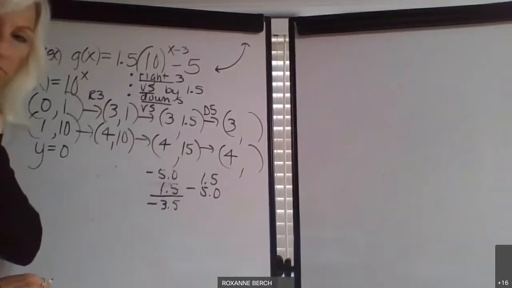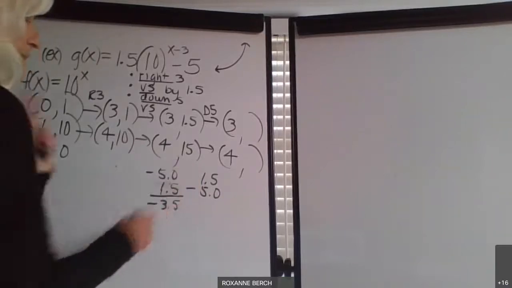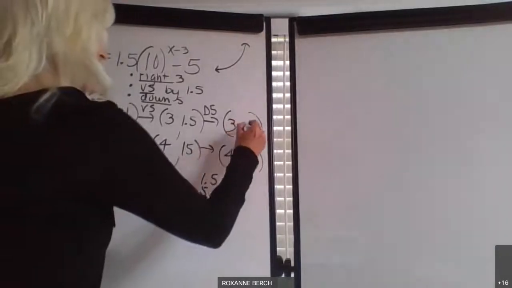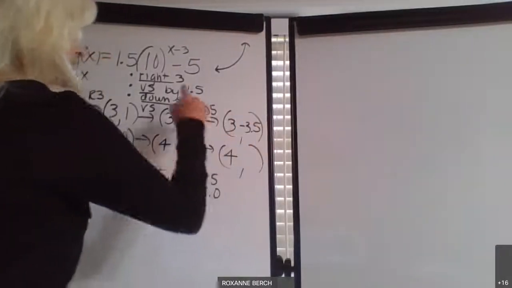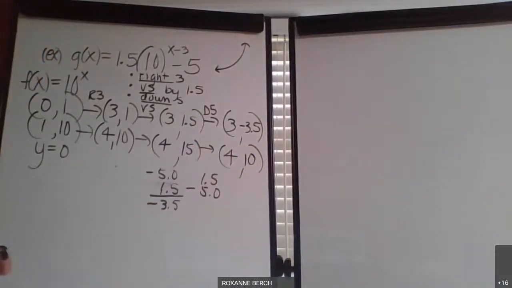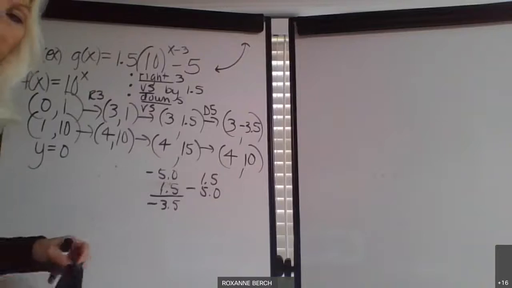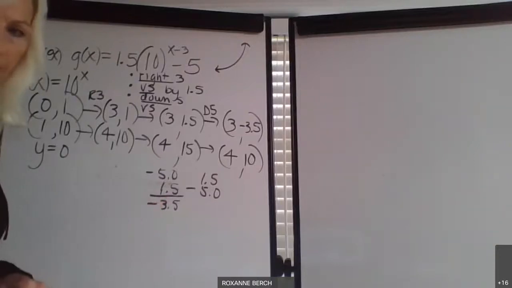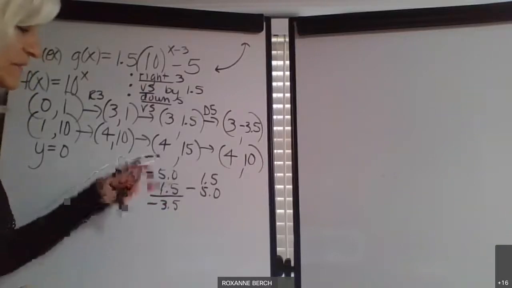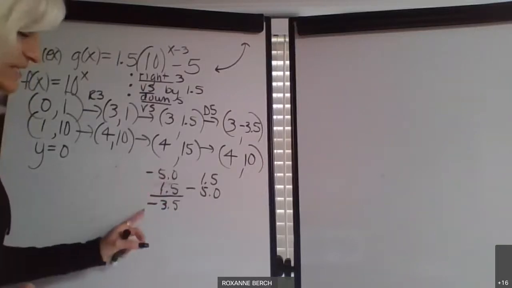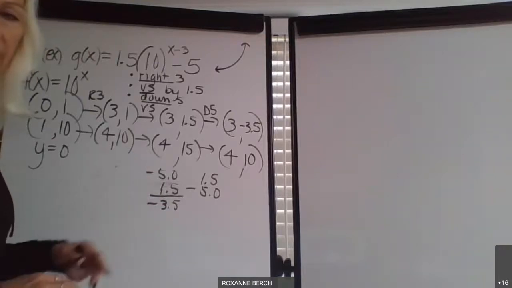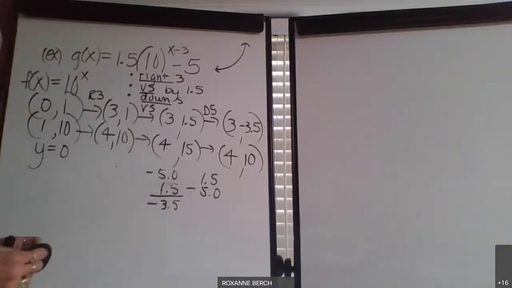Yes, no? Got to line up the decimals, right? So negative 3.5, and subtracting 5 from 15 is 10. If you did not have a calculator, you guys do see what I'm doing, right? I'm taking the bigger number minus the smaller, but it is negative. And I'm lining up the decimals when you add or subtract.